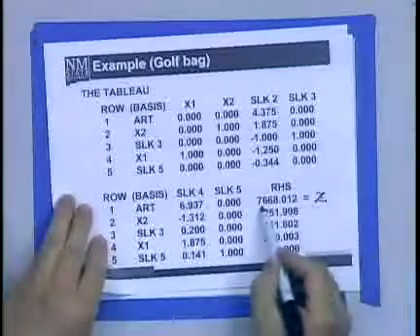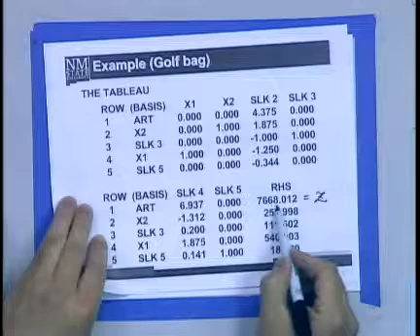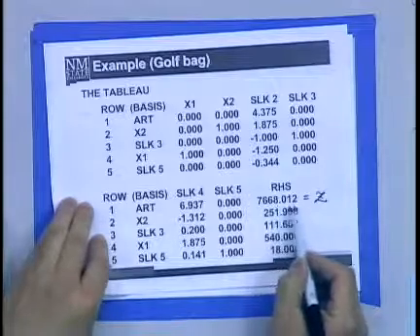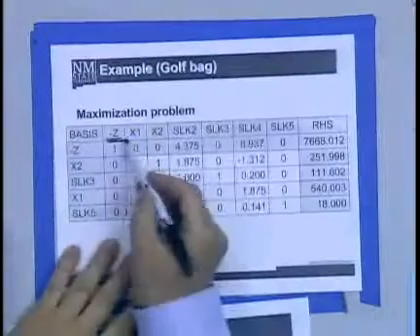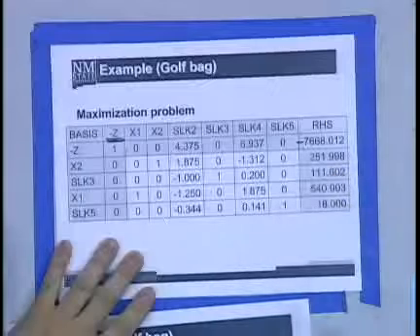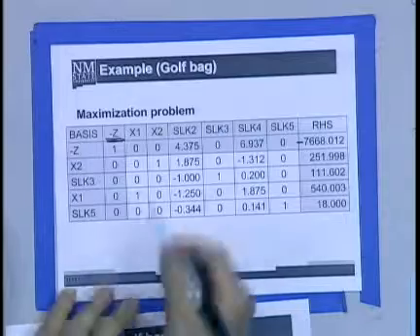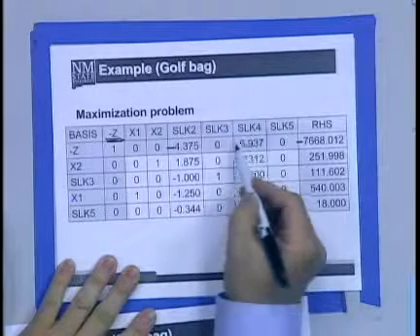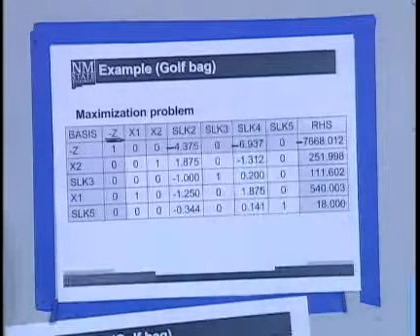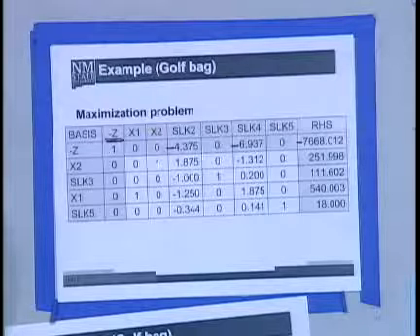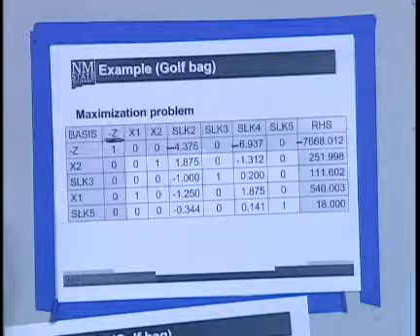Because G value is 7,668.012, negative G should be equal to negative 7,668. Likewise, all the objective coefficients must have a negative sign. You know what I'm talking about?